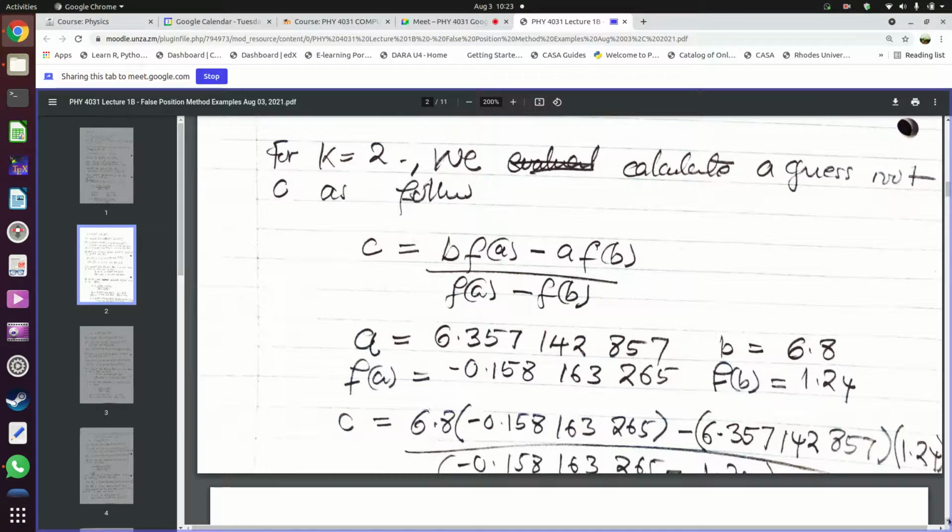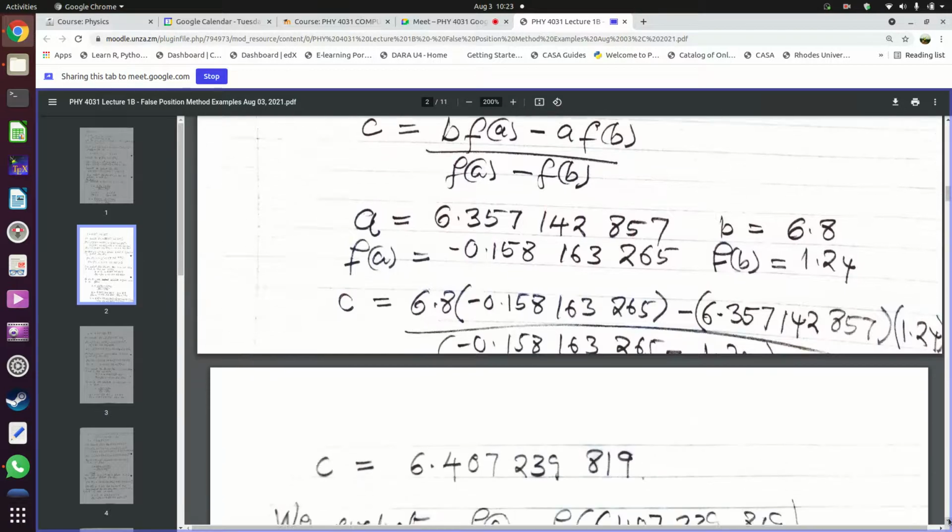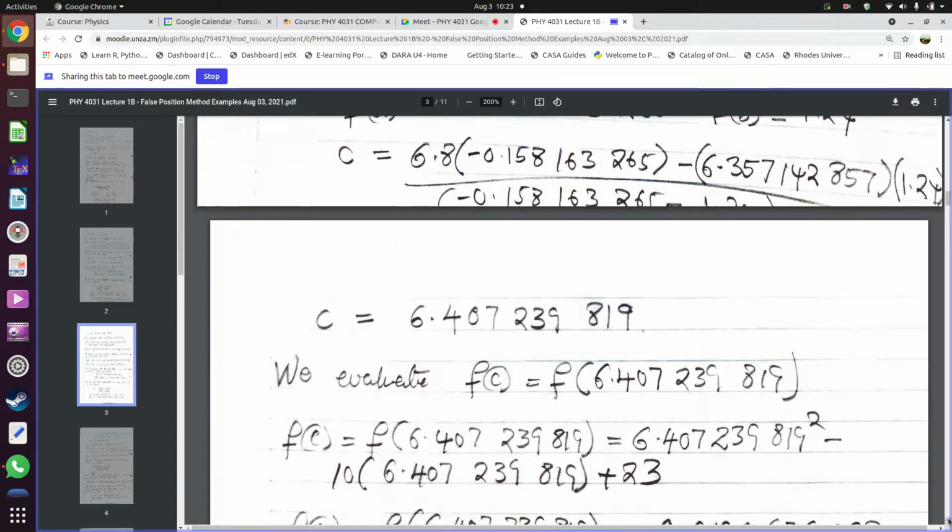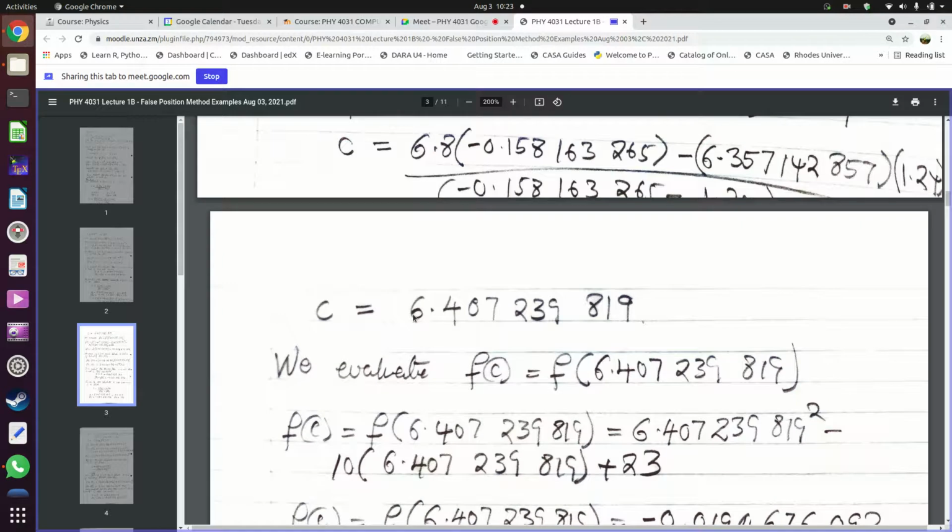When you do that, you come up with a new value of C. So your C now is 6.407239819. Previously your C value was 6.357142857. Now it becomes 6.407239819.